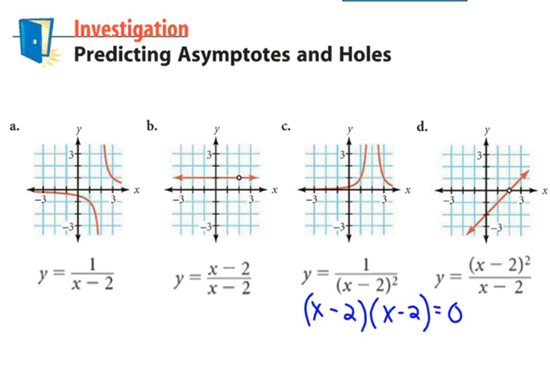Our two factors are the same, so we really only have to solve it once in this case. And as we've seen already, x is going to equal 2. And that 2 does not make the numerator 0 also, so we know that there's a vertical asymptote at x equals 2, right there.